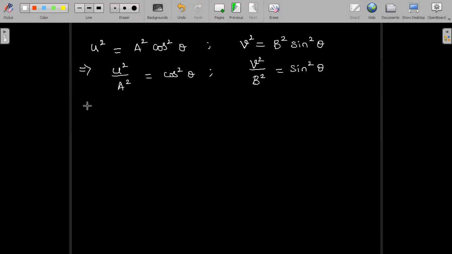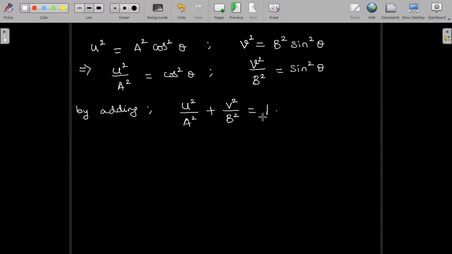The purpose of doing all these is now by adding these two expressions, what can I obtain? u square divided by A square plus v square divided by B square is equal to, right hand side becomes cos square theta plus sin square theta, which is equal to 1.